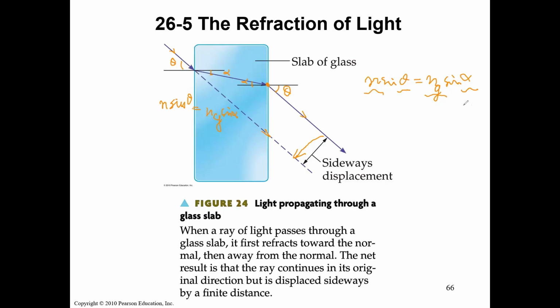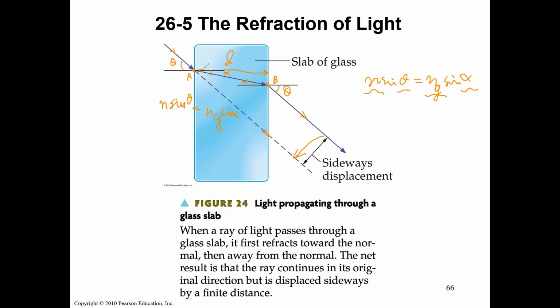Okay, the second thing is that you probably know the thickness of this glass. This is, let's say, D. And from there, you can calculate the distance between the point A, where the light first hit at the interface, and the point B, where the light hit the second interface.